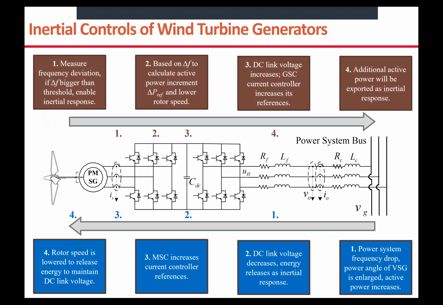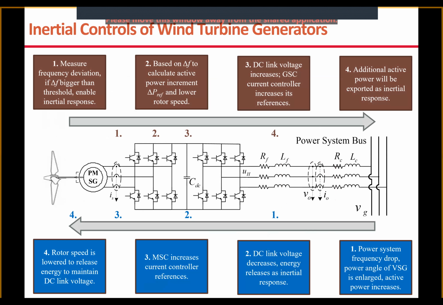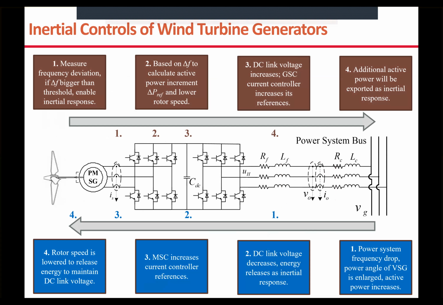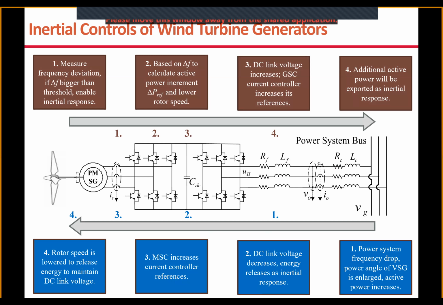This picture shows the difference between the active inertial control and passive inertial control. The top one is the active inertial control method, and the bottom one is the passive, or the VSG. Looking at the top one, this is the control sequence for the active inertial control. We start from measuring the frequency deviation, and if the deviation is bigger than the threshold, we enable the inertial response.